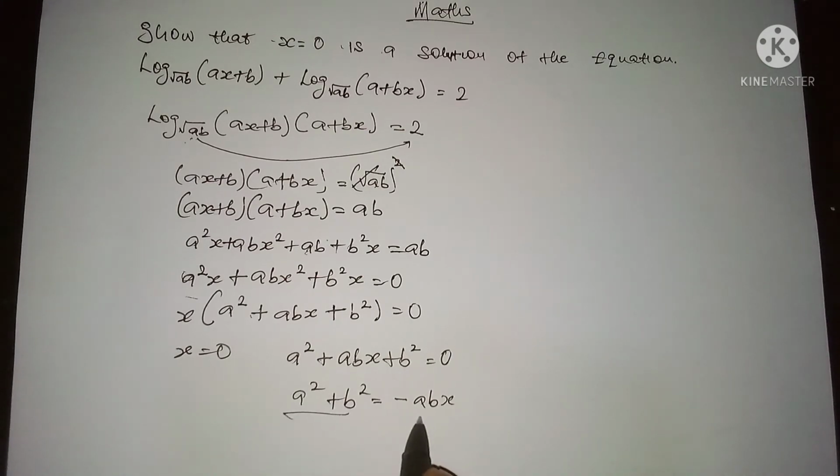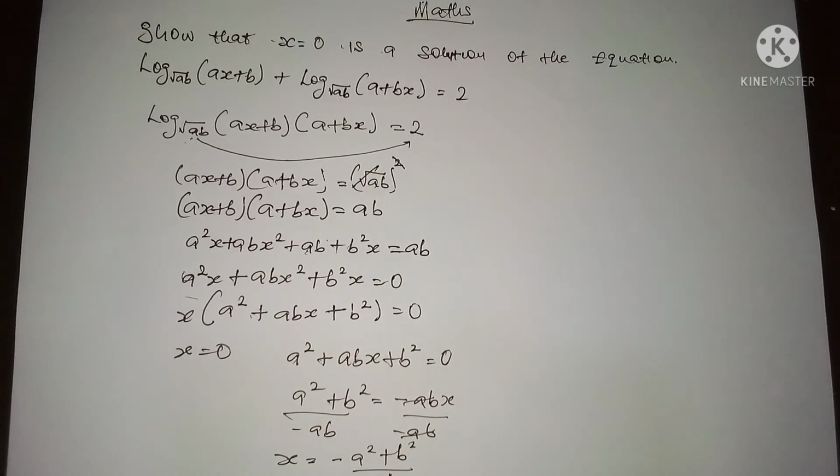We want to make x the subject of the formula, so we divide both sides by negative ab. This cancels this. Then x will be equal to negative (a squared plus b squared) divided by ab.